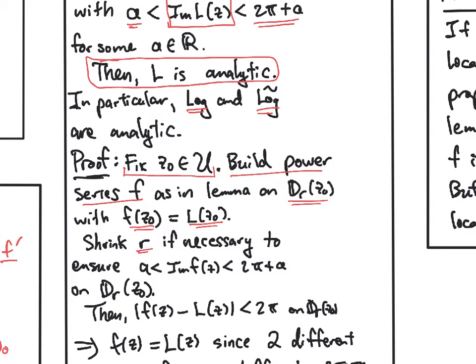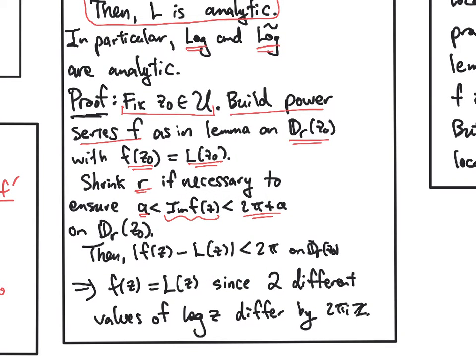So we can shrink r if necessary so that the imaginary part of f of z is trapped between these same two values that the imaginary part of L is trapped in. And then what do we get from that? That, well, the real part of f and the real part of L have to agree because they're both branches of the log, so it's just natural log of modulus of z.